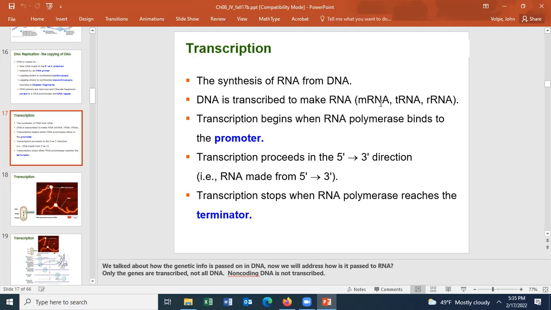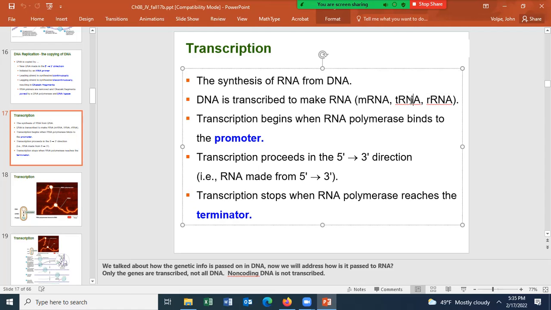Well, what's the difference between messenger RNA, tRNA, and rRNA? Is there any difference? Don't they have different jobs? They have different jobs, yes. Do they have the same RNA nucleotides? No. So you're saying this one will have guanine, but that one will not?